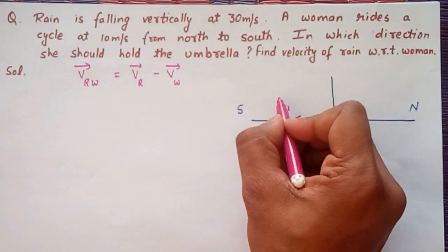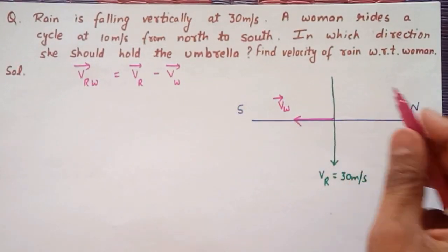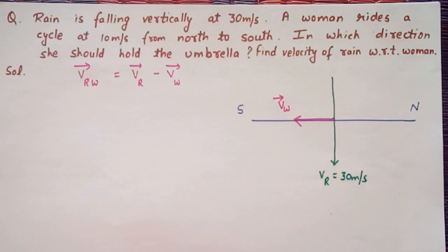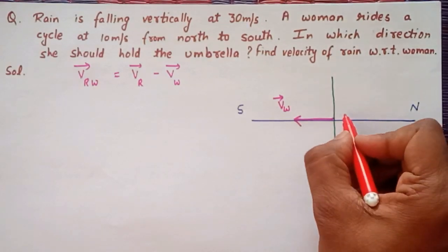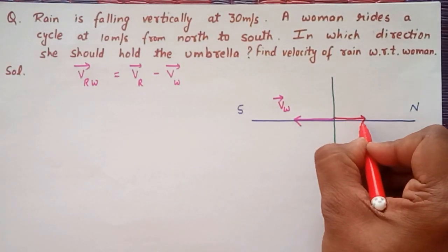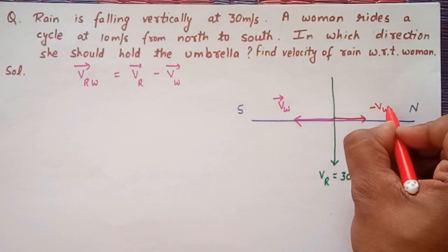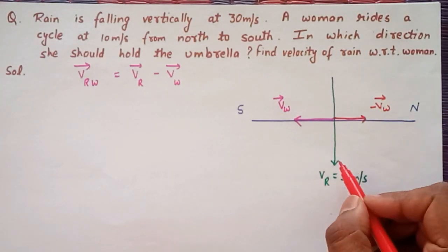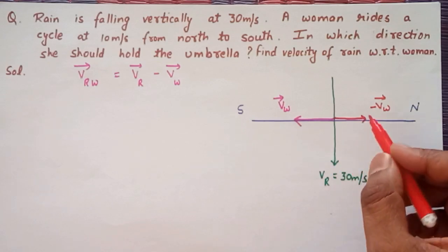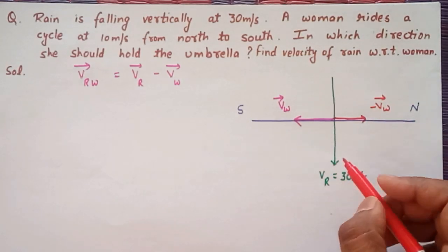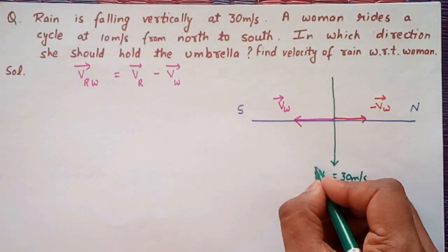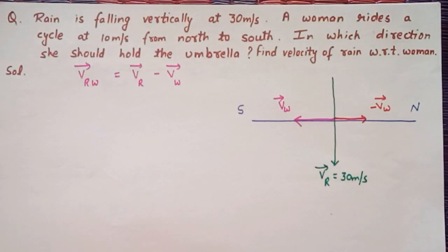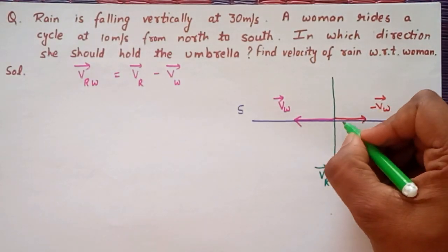This is the positive of velocity of woman, so its negative will be in the opposite direction. This one will be the direction of minus velocity of woman, and velocity of rain is this one. So the resultant of this one and this one will be here.